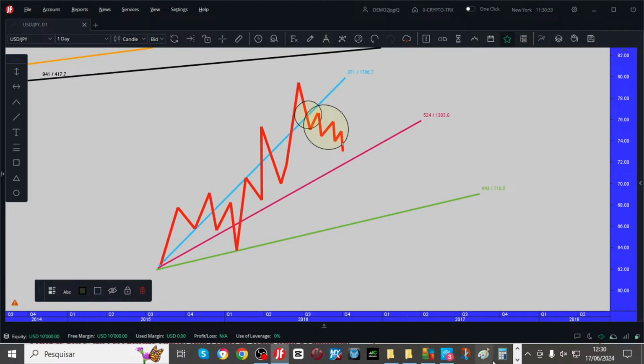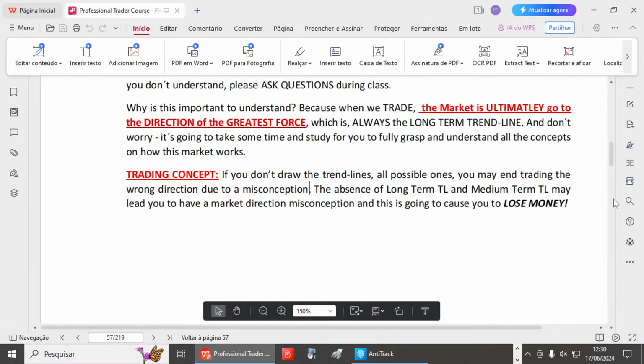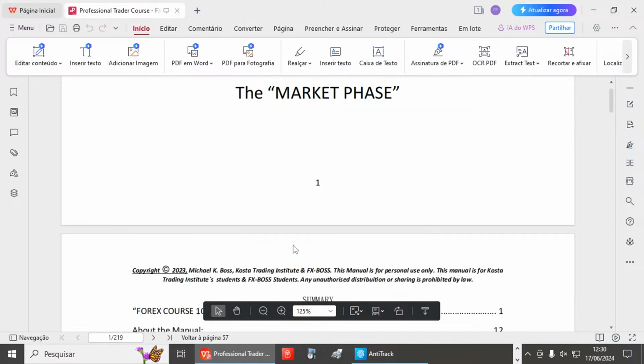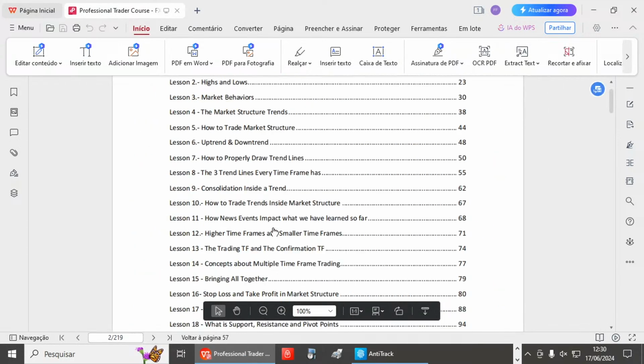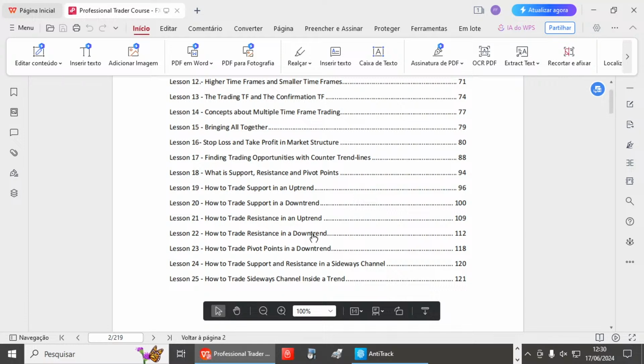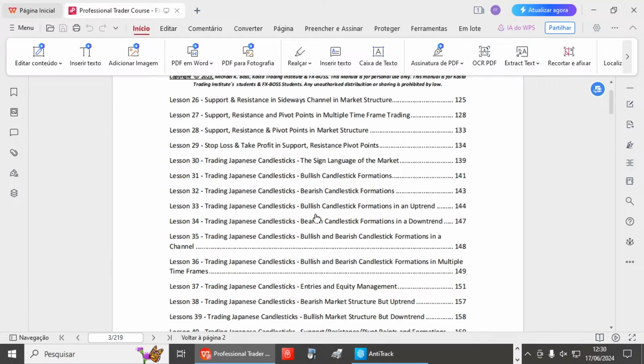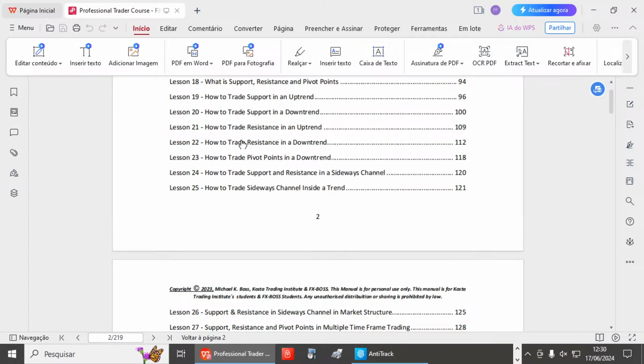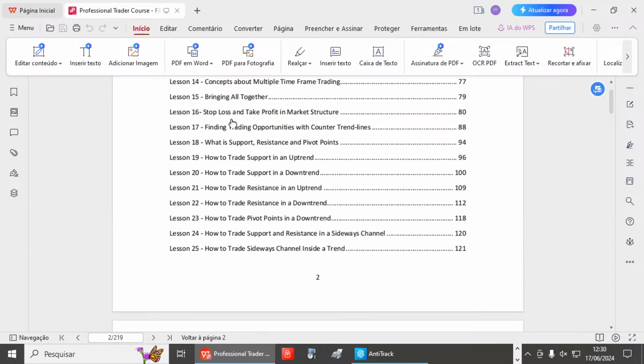We are going to learn in support resistance pivot points. It's called uptrend, downtrend. So support, resistance, how to trade, resistance, support, stop loss, break.